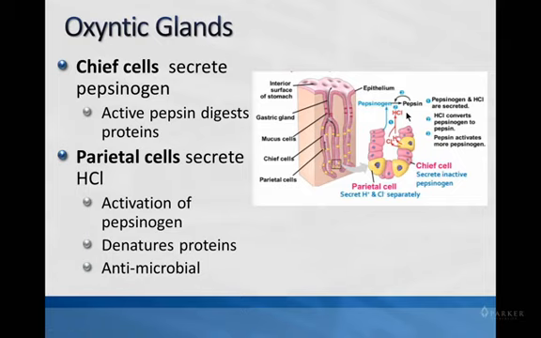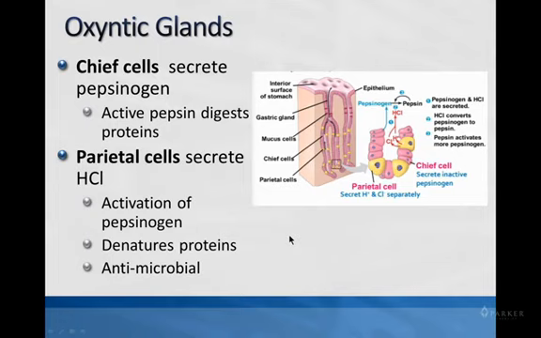but you still have to start it off with some hydrochloric acid. So we have chief cells that secrete pepsinogen. The pepsinogen is converted to pepsin by hydrochloric acid. The hydrochloric acid is one of the secretions of the parietal cells. So the hydrochloric acid not only serves a role in activating pepsinogen, but it also denatures proteins.